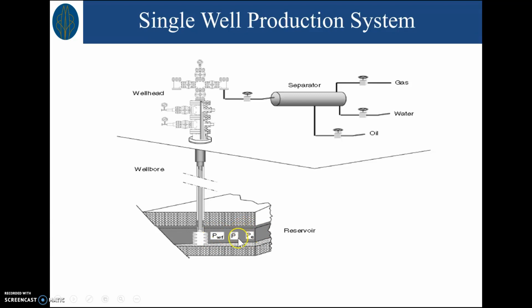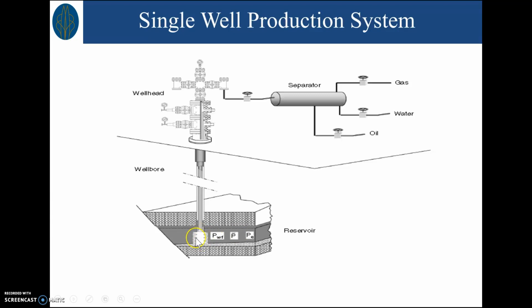The reservoir pressure is PE or PR, depending on the type of the reservoir, which we'll discuss later on. The well pressure is PWF, the well flowing pressure. The difference between PE and PWF is the drawdown, or the pressure drop inside the reservoir.